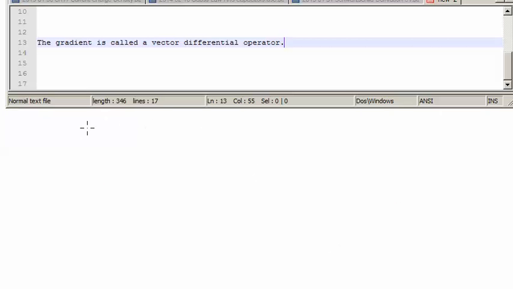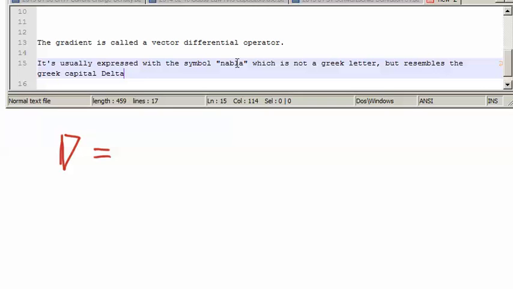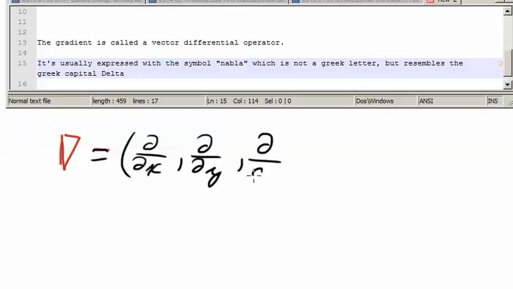The gradient is called a vector differential operator. It is usually expressed with the symbol Nabla, which is not a Greek letter, but it resembles the Greek capital delta. It's upside down though. Anyway, Nabla is equal to an incomplete vector: del x, del y, del z.